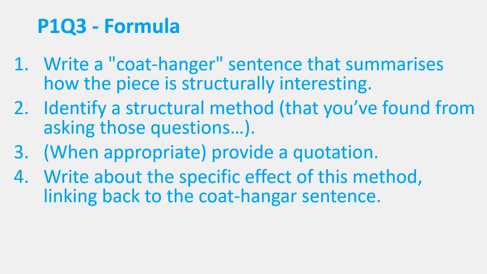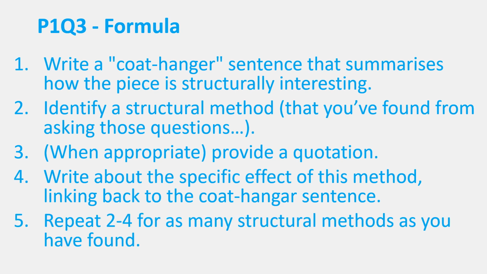You write about the specific effect of that method. So if you're looking at the circular narrative, we talked about how it reinforces the idea of Rosabelle being trapped by her class and circumstance, because here we have the girl who can have whatever she wants versus Rosabelle who has to make the choice.